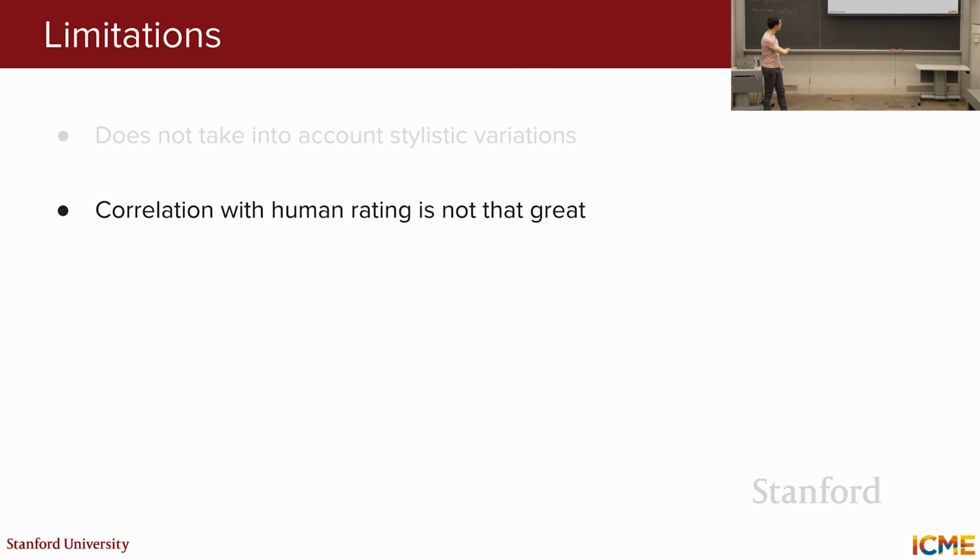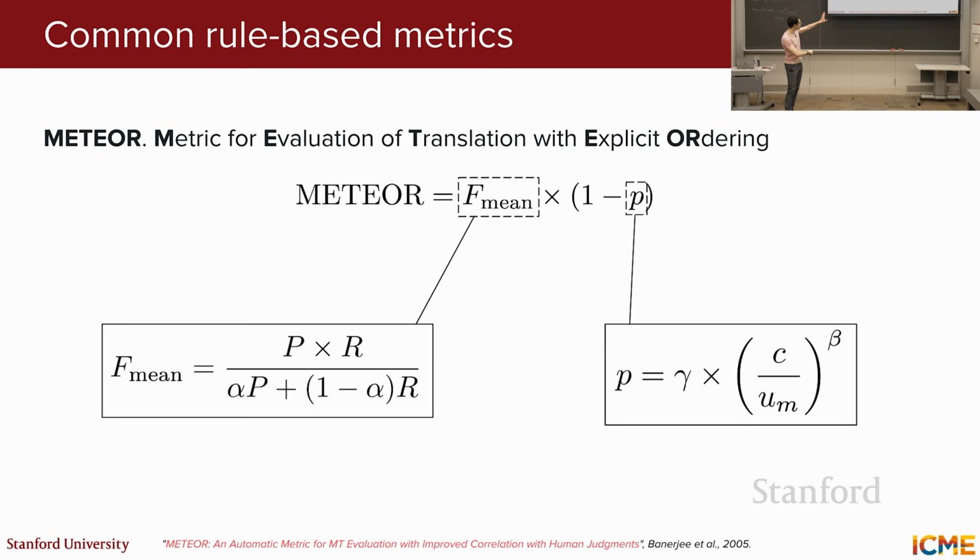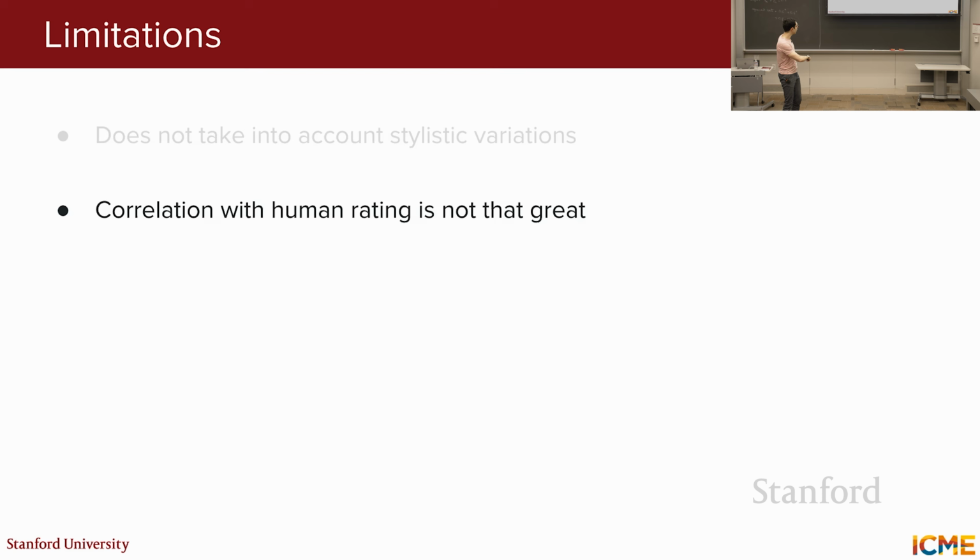So that's one key limitation. The second key limitation is that correlation is not that great. You can imagine that people have come up with all these hyperparameters to make it correlated to human ratings, but they're not that correlated.